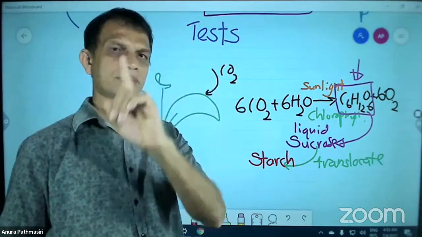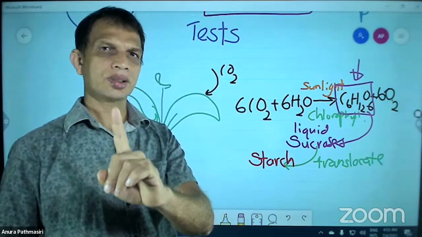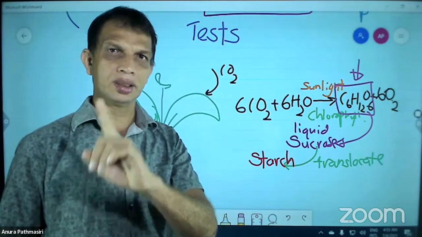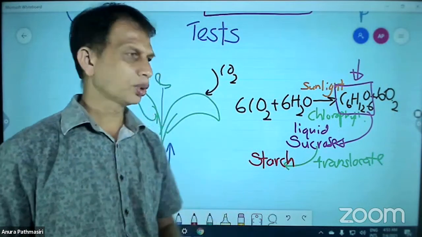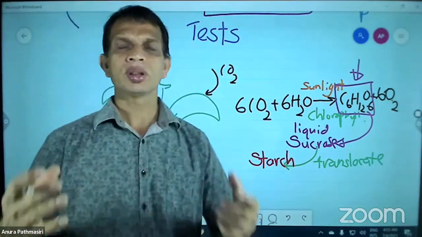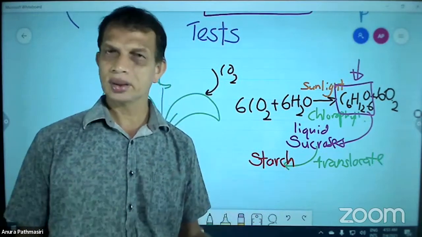Salivary amylase converts polysaccharide starch into disaccharide, that is maltose. And when you go into the stomach, no digestion there.